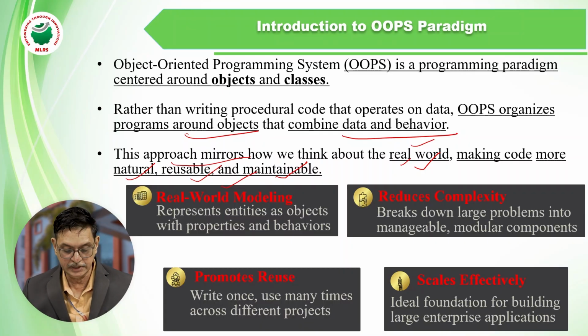This real world modeling presents entities as objects with properties and behavior. Every object has its own properties and behaves on its own. So we concentrate on real world modeling, identifying real world entities.